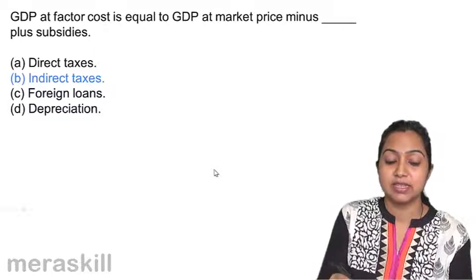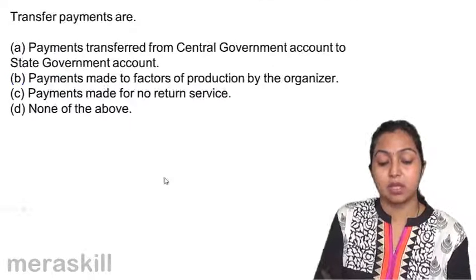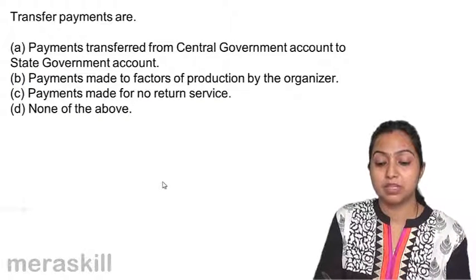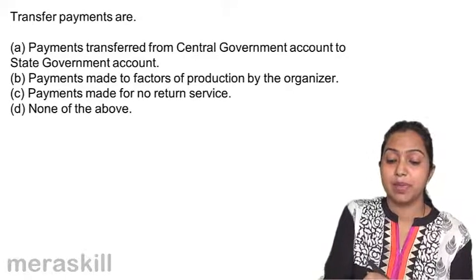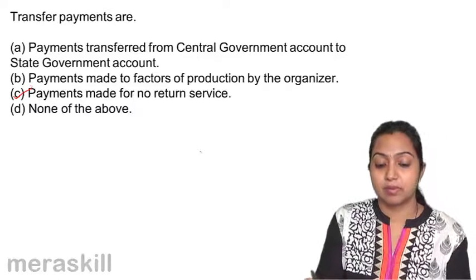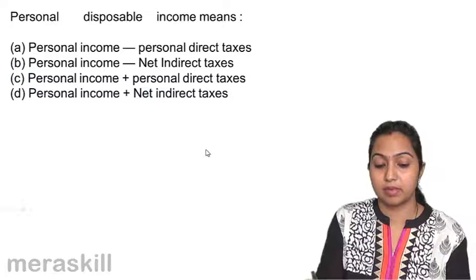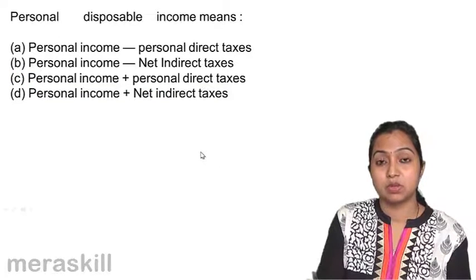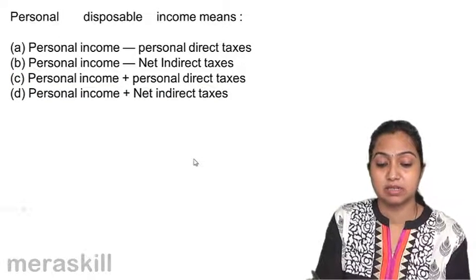Transfer payments are payments transferred from central government account to state government account, payments made to factors of production by the organizer, payments made for no return service, or none of the above? Transfer payments are payments made for no return service. They are not payments made because you had done a service earlier.